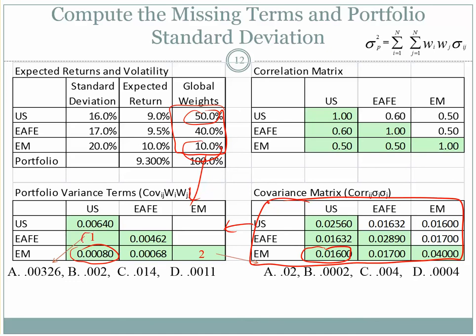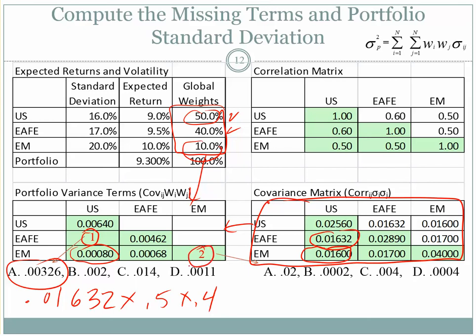So for example, if we're looking for this value here, the term that has US and IFA, I could take the covariance, and since this is US and IFA, I'll take US and IFA weights. That will give me 0.00326.